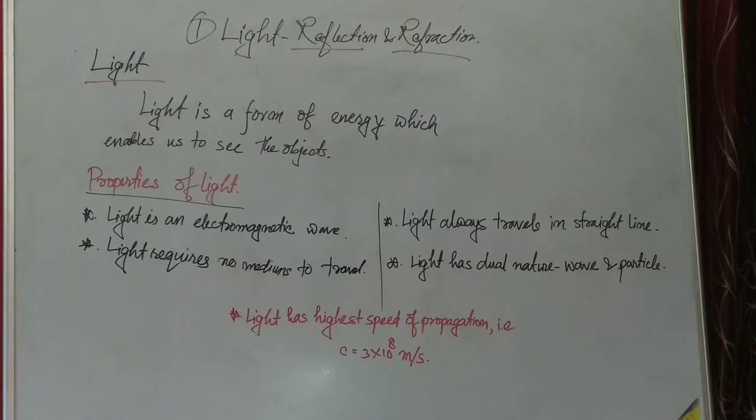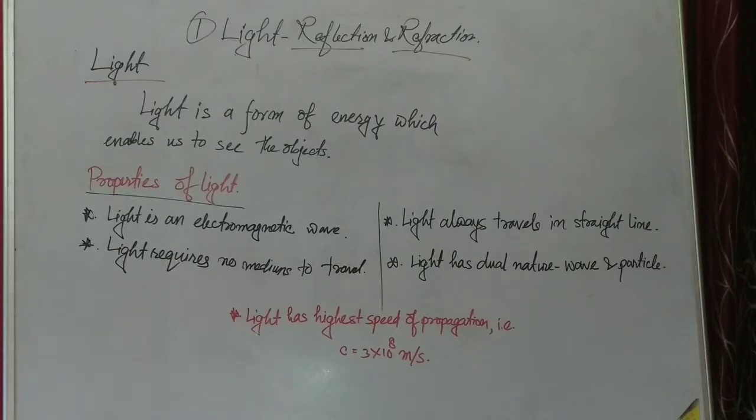If you are in a room and that room is completely dark, can you see any object? The answer is no, because if there is no light, you cannot observe. When we discuss reflection, you will understand the phenomenon by which we can observe something with the help of light.